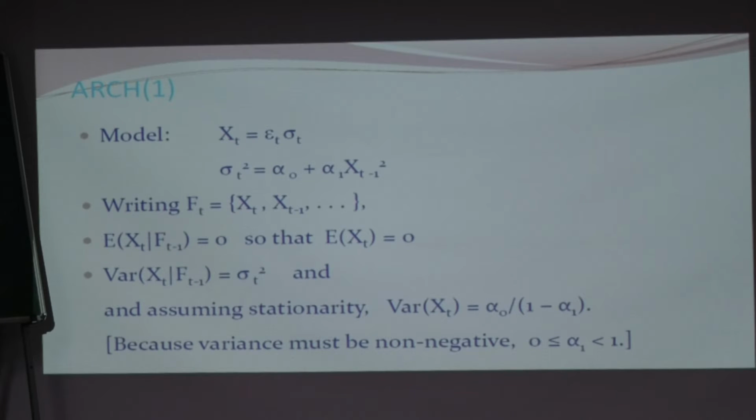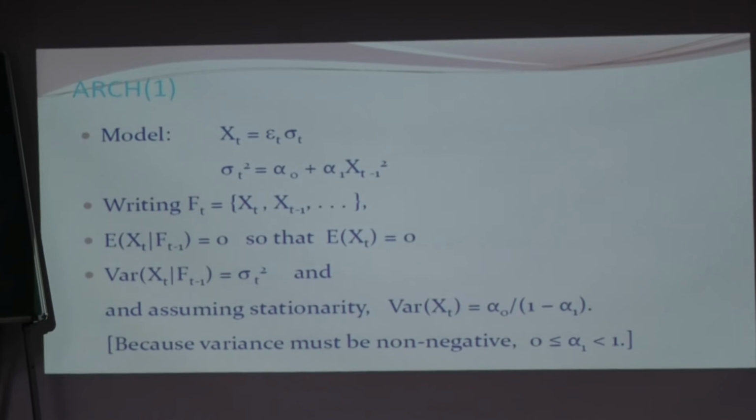And I'll just look at an ARCH model. Xt is epsilon t sigma t, so the ARCH model will just be of order 1, this, and you can show that the variance of this model is sigma t square. So this depends on t, and sigma t depends on what? The past value, as I'll come to in a moment.